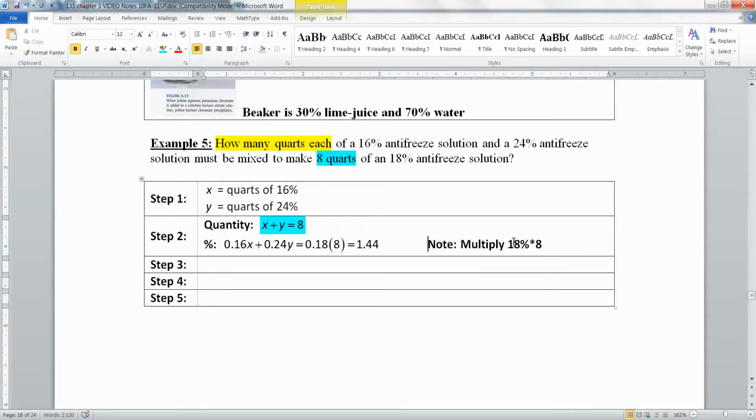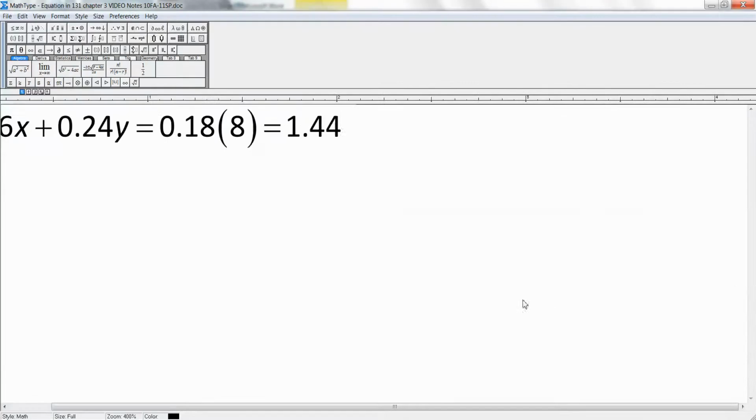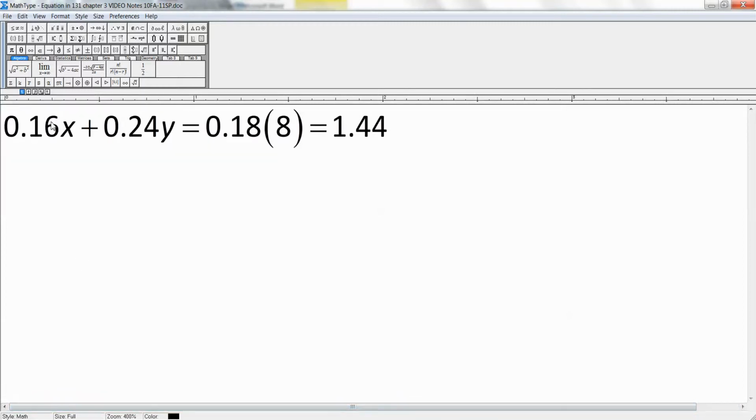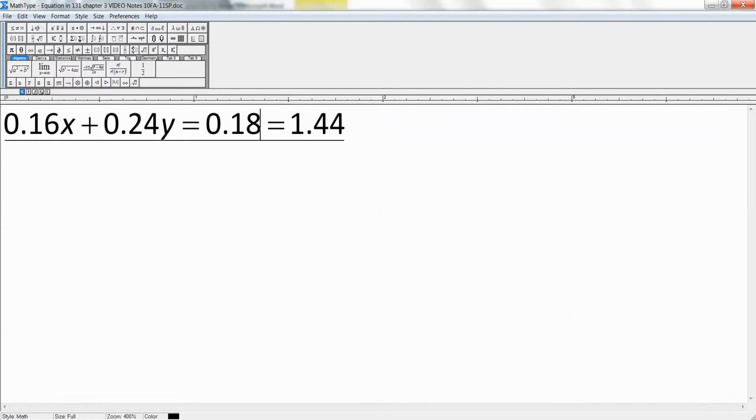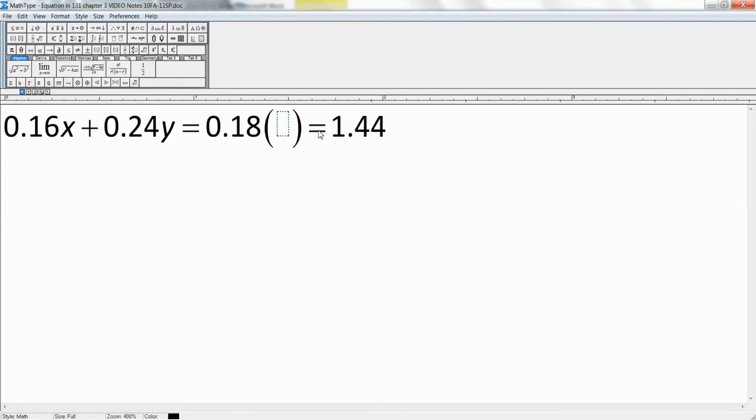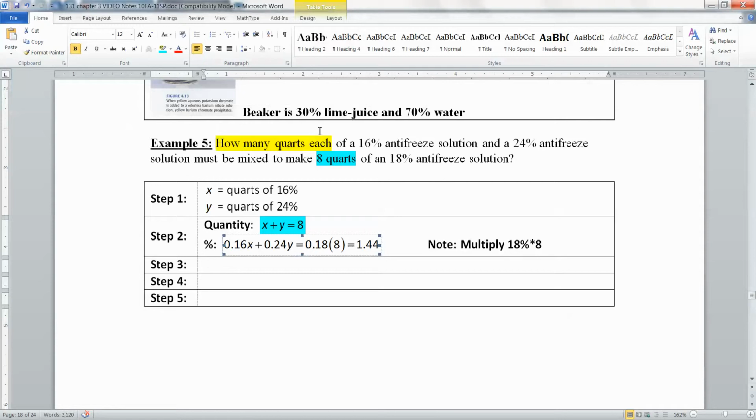That is the number one mistake students make with this problem, that they won't multiply. It makes no sense to say, okay, I'm going to take 16% of 4 quarts and 24% of 4 quarts, and somehow I'm going to have just 18%. That makes no sense. If you're going to make 16% 4 quarts and 24% 4 quarts, I need 18% of 8 total, because there's 8 total quarts used all together.